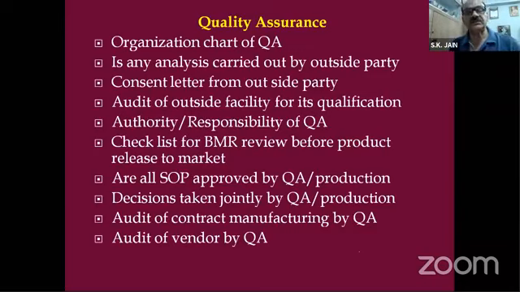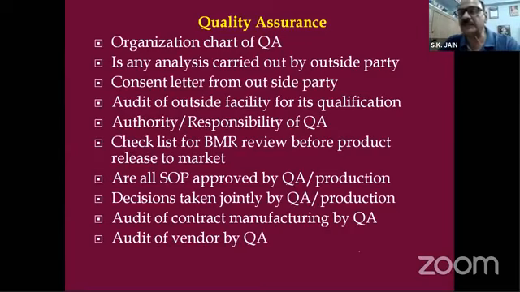The quality assurance is the organization chart of quality assurance. Quality means we have to assure the quality of the product. There is now a separate section. When I was in the pharma industry in 1984-85, long time back, 27, 28 years back, there was no concept of quality assurance.